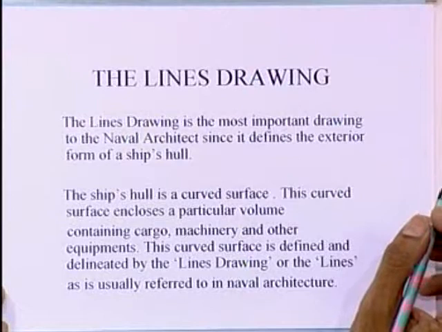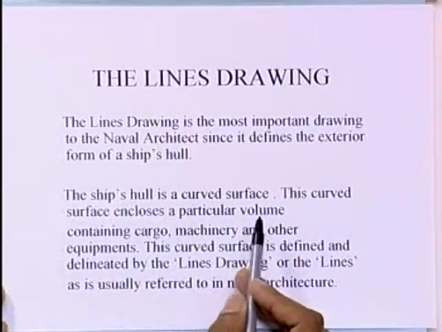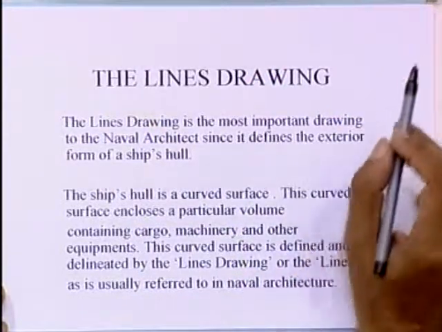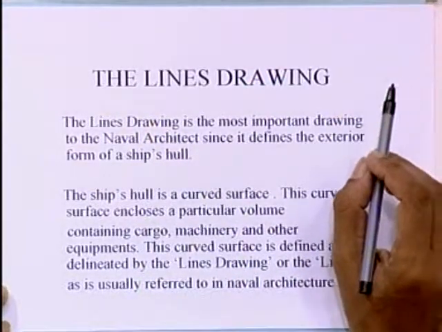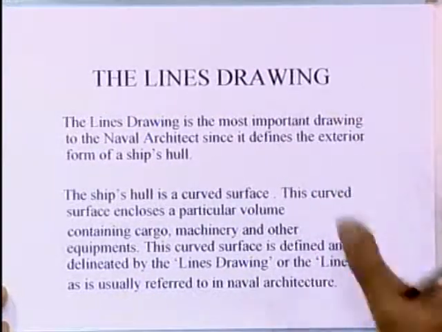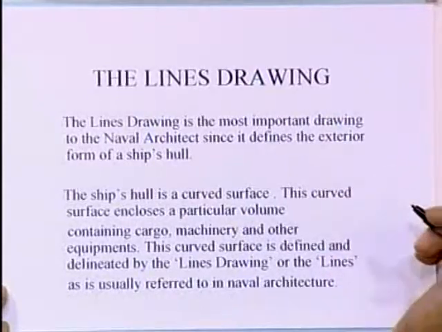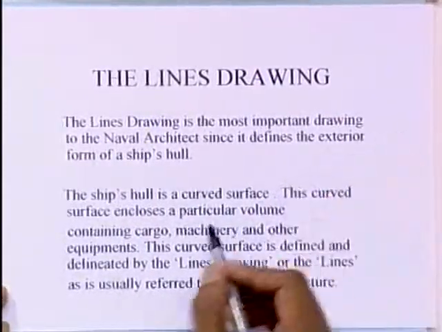Now, the main problem that we face is that the ship's hull is a curved surface. It is not a clearly defined or well defined object, just like a box or a round object. This curved surface actually encloses a particular volume.